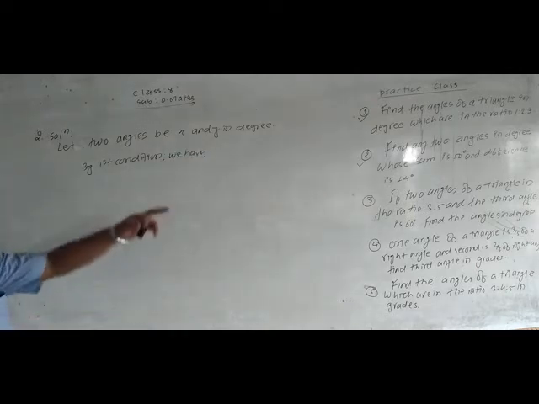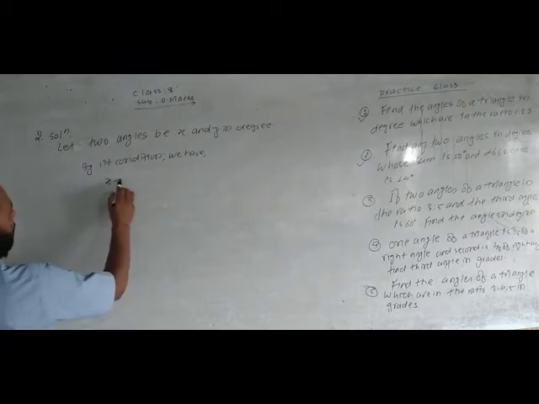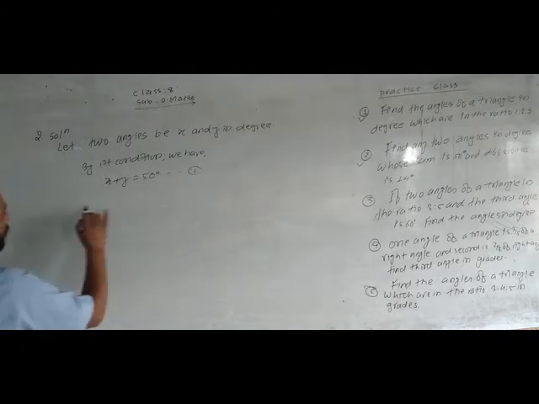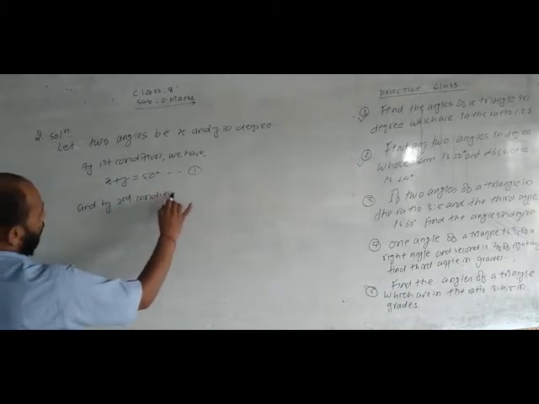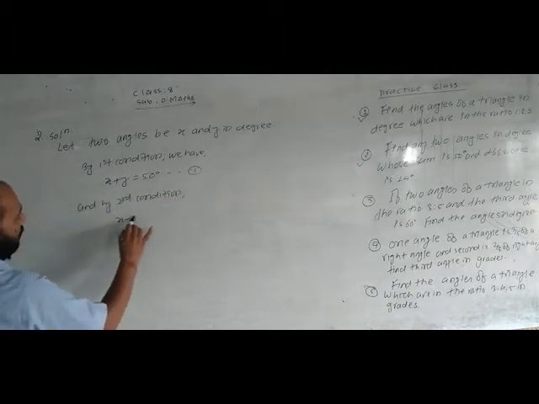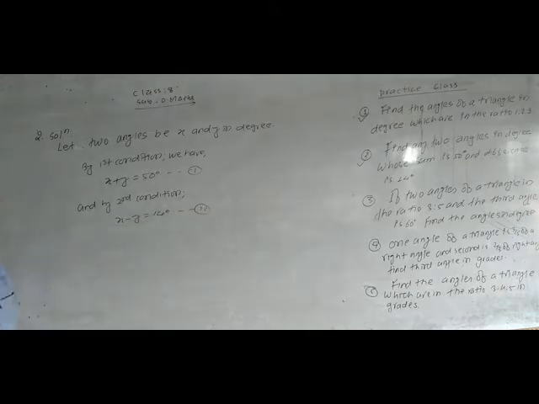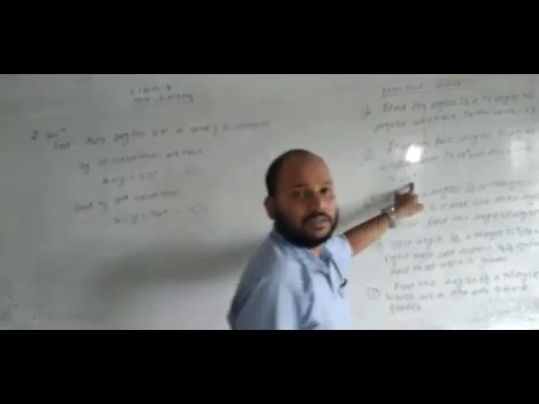By the first condition, your question says the sum is 50 degrees, so x plus y is equal to 50 degrees. By the second condition, we have x minus y, the difference, is 40 degrees.